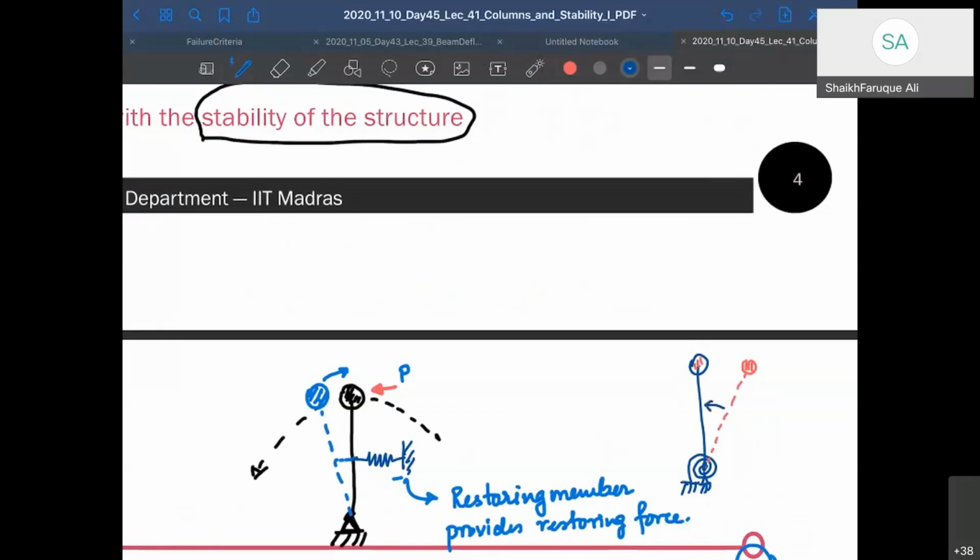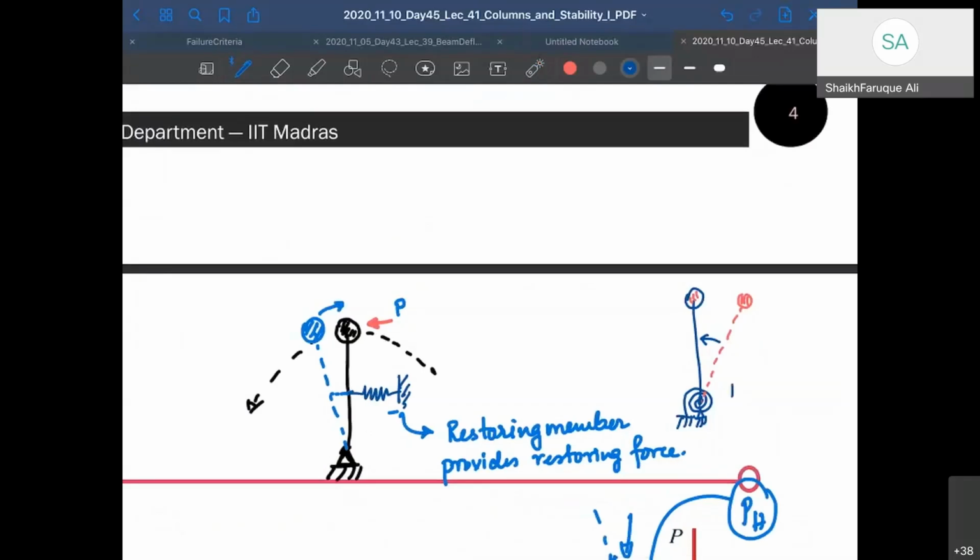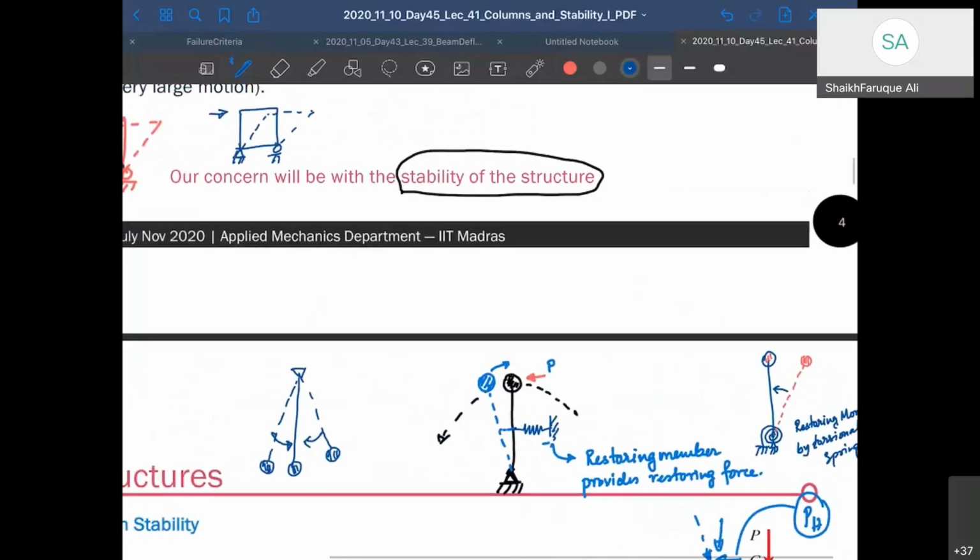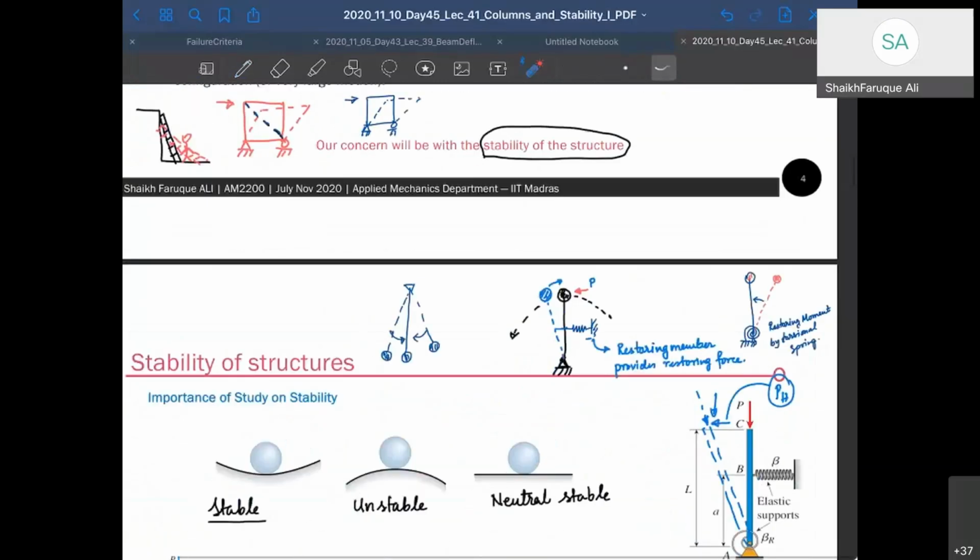The restoring force is the moment here. All right. So this is how you check stability and how you can stabilize an unstable system. This is part of our course.